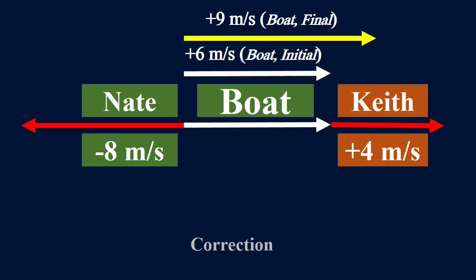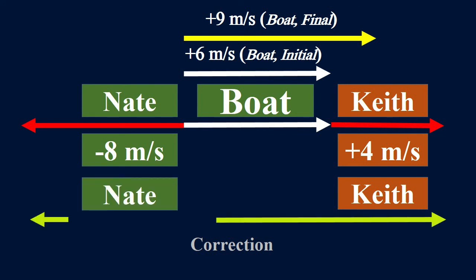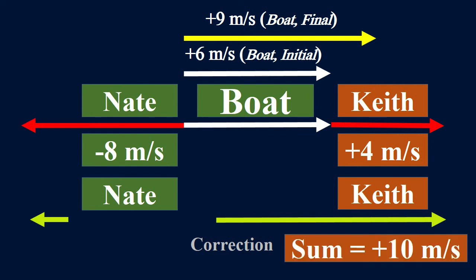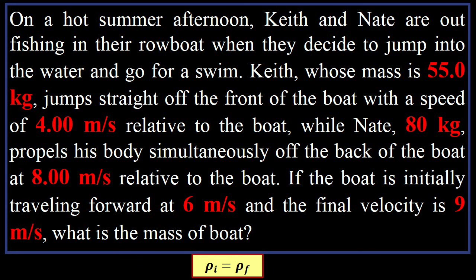Vector correction: Keith is going to be plus 10 and Nate is going to be minus 2 this time. Okay. The initial and final momentum are equal.